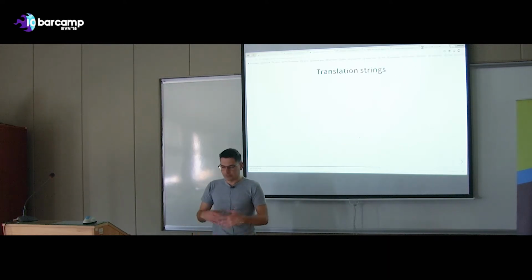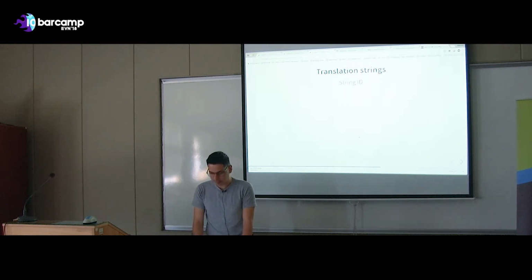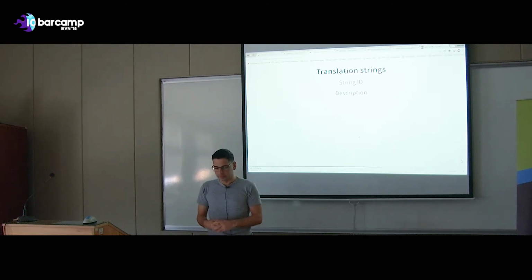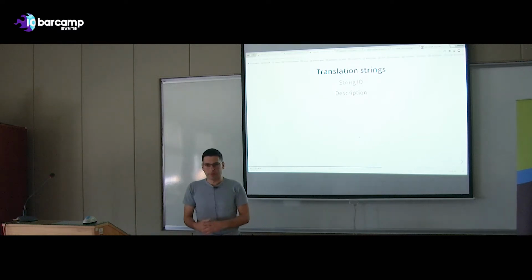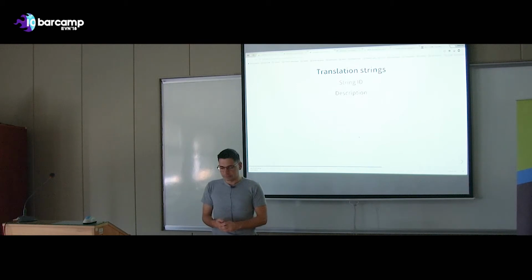These files specify the string ID and a description, which is not visible to the end user but provides context to the translators. You may tell the translator where the specific string is located, or include a link to a screenshot, for example.